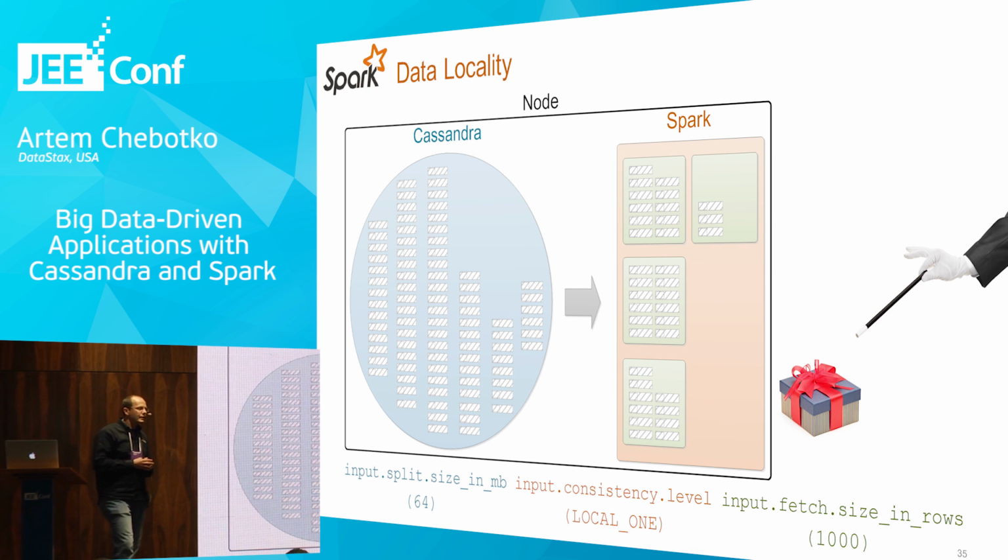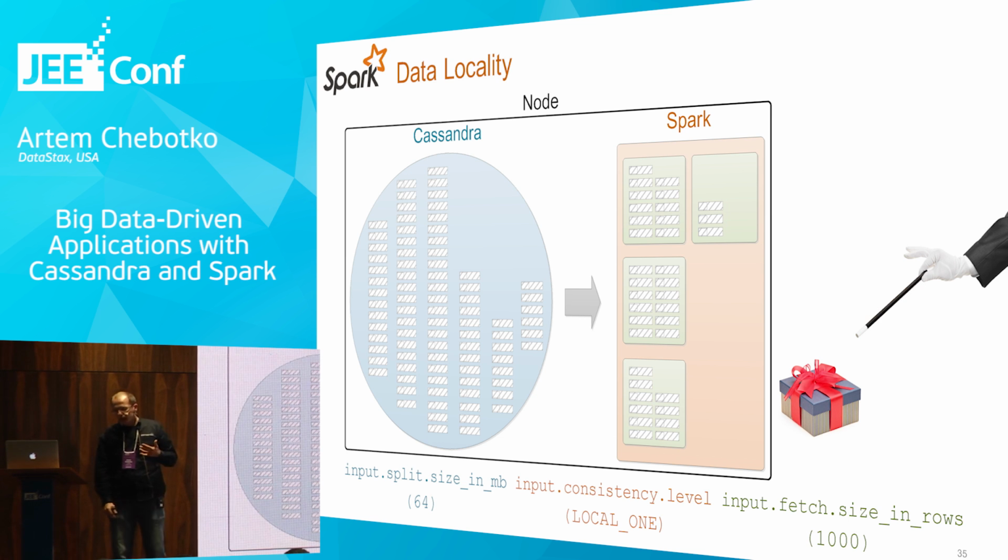Another optimization that is used is data locality, and this optimization comes essentially for free as long as you deploy Spark and Cassandra together. When you read data from Cassandra into Spark, the data will stay on that node, it will not be moved to a different node. So there is data locality.